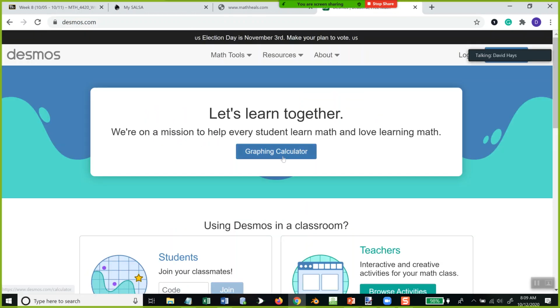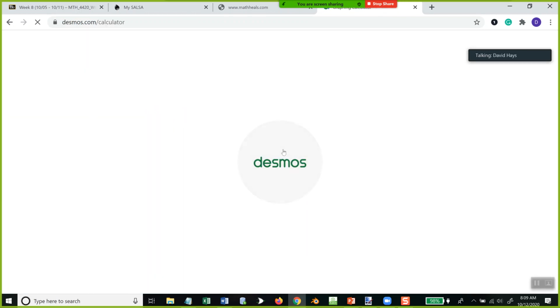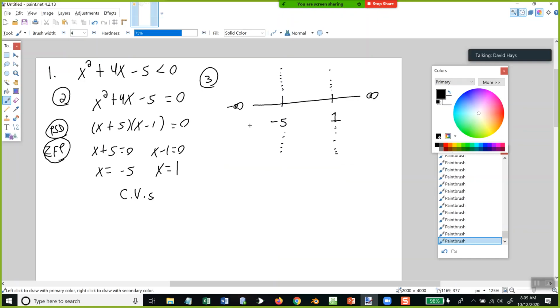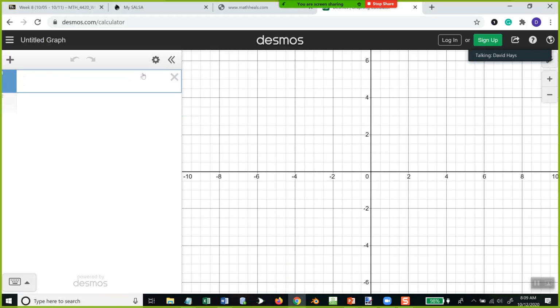But you plug it in your TI-83 or TI-84. In your case, you press your y equals, you press clear on y1, and then you put in your x squared plus 4x minus 5.